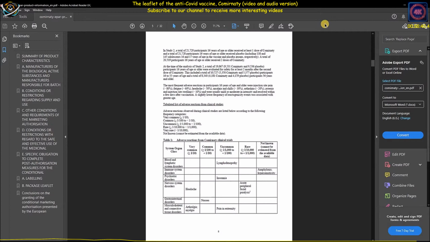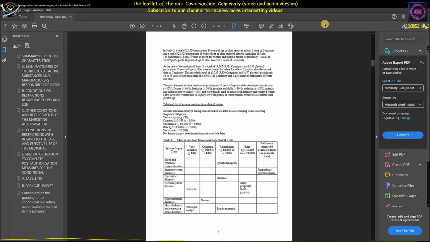This included a total of 10,727, 5,350 Comirnaty and 5,377 placebo, participants 16 to 55 years of age, and a total of 8,340, 4,181 Comirnaty and 4,159 placebo, participants 56 years and older.